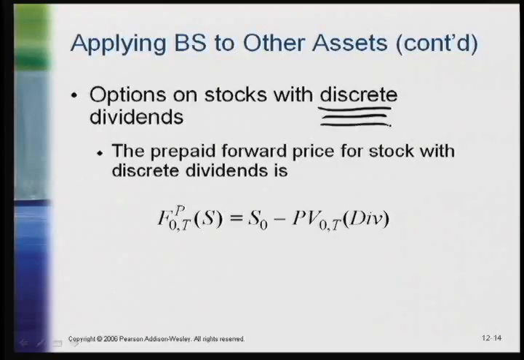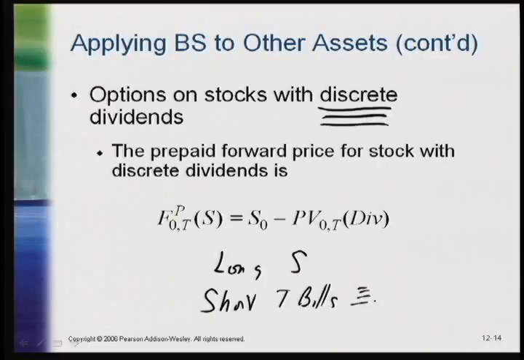In other words, contractually, this is the price of a prepaid forward contract, because what I can do to replicate it is go long S and short T-bills that have a value equal to the present value of the dividends.